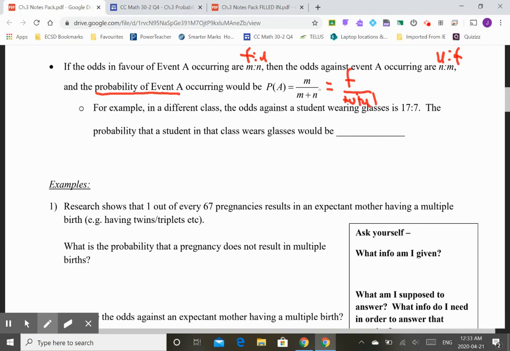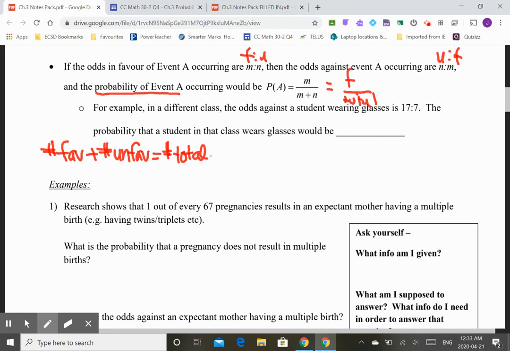Probability does require a total. And more importantly, the number of favorable outcomes plus the number of unfavorable outcomes equals the number of total outcomes. That's going to be really important to us when we are converting from odds to probabilities, which is going to be one of the very important things that you do in this section.